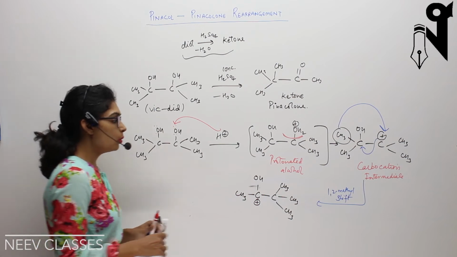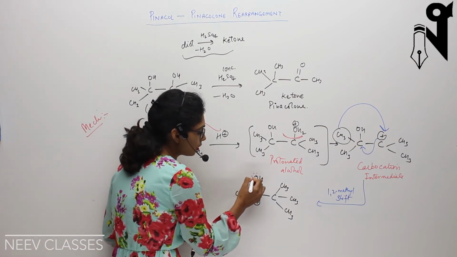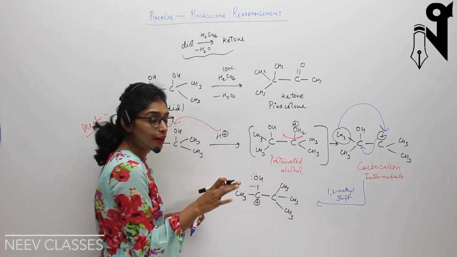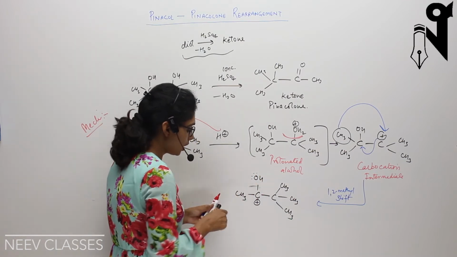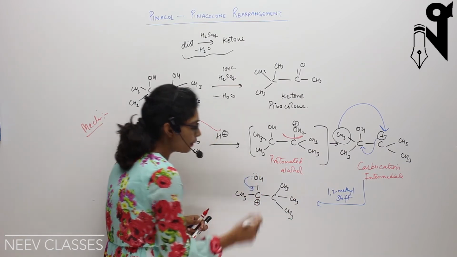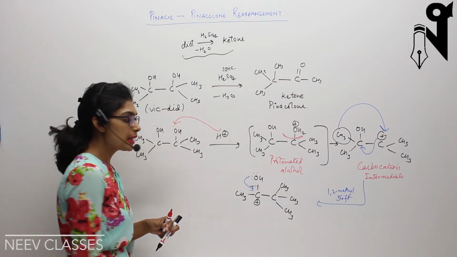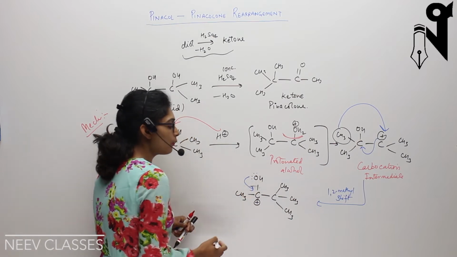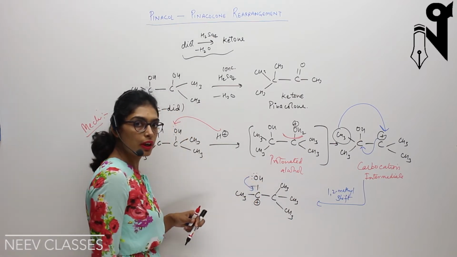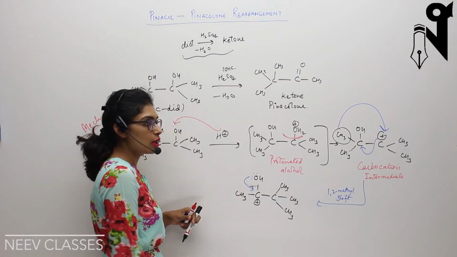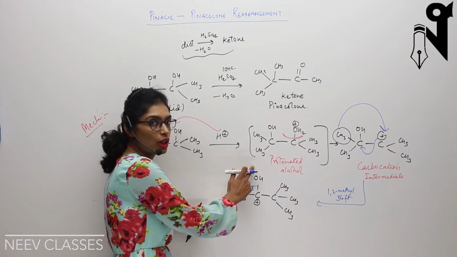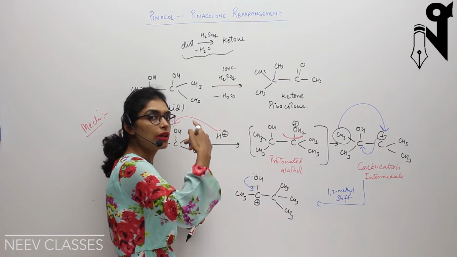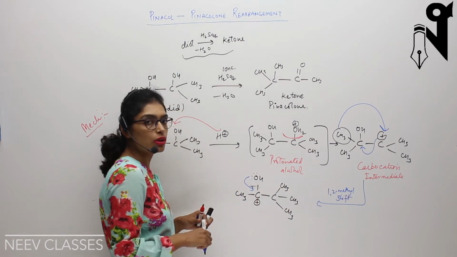Now this oxygen, due to its mesomeric effect, will try to make a bond with this carbon, right? And this pair of electrons will form a bond with the carbon, leading to the formation of a double bond, and oxygen will gain a positive charge. Due to its positive charge, it will try to break the bond with hydrogen. Eventually hydrogen will get released and a double bond oxygen will be formed.